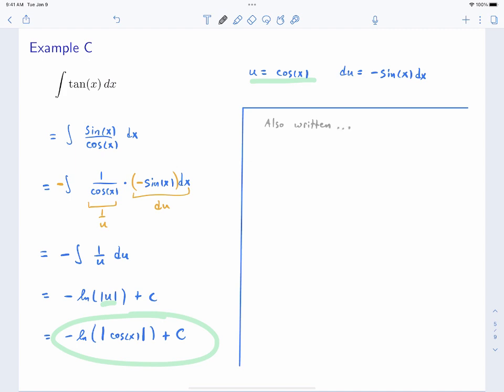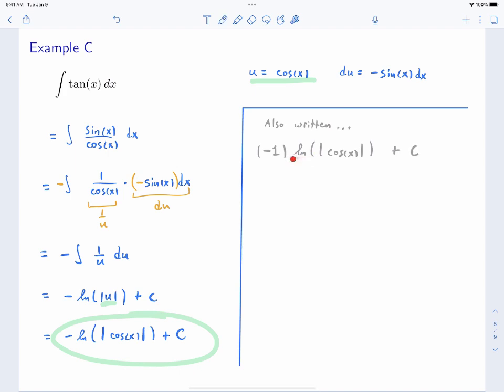And what other way is it? Well, we're going to start with this term right here, minus ln of absolute value of cosine of x. So let's just rewrite it. But what I want to do is rewrite it as minus 1 times ln of the absolute value of cosine of x, like that. And let's just keep the plus c on here for fun.